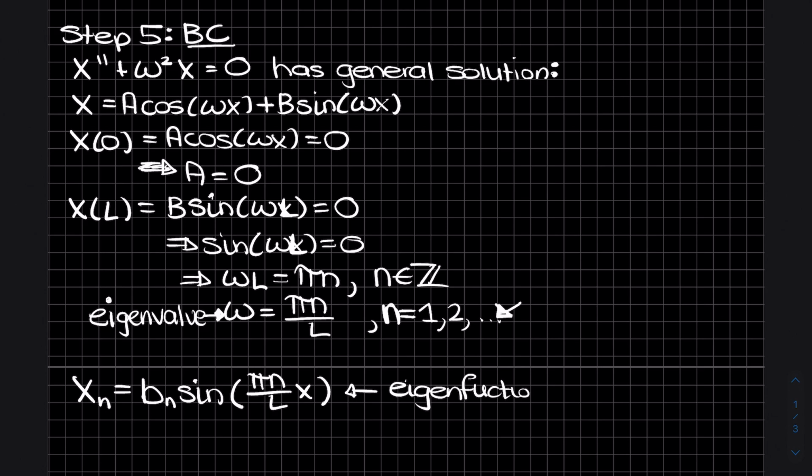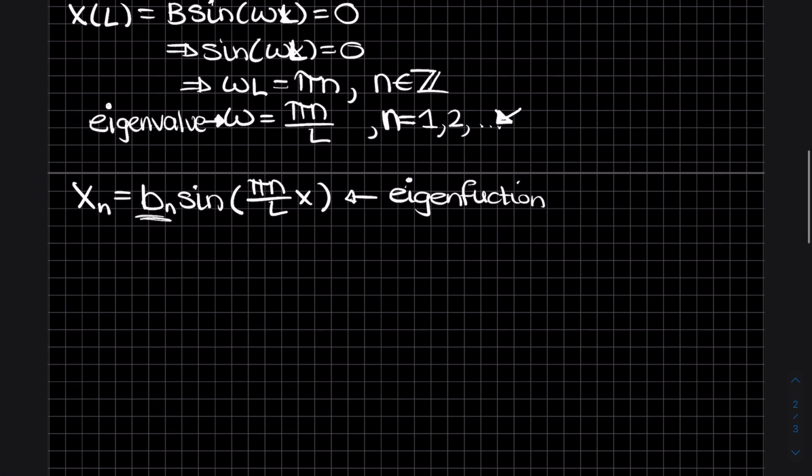Eigenfunctions often aren't written with a constant in there, but you can leave it in there. It's still correct either way. I often leave it in there, and I'll show you why later, because we do need constants in our solutions. But it's up to you what you want to do.